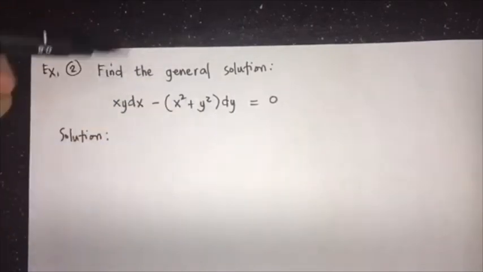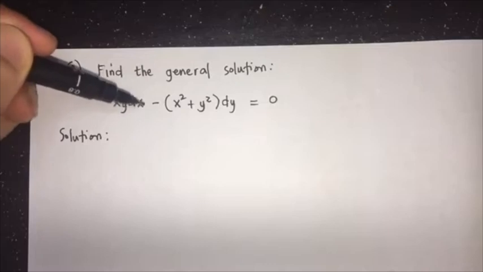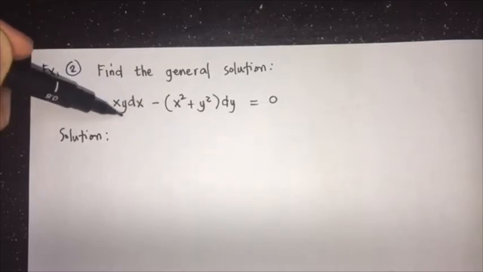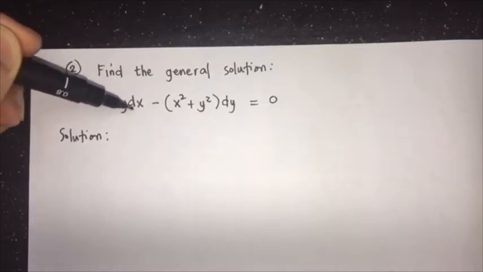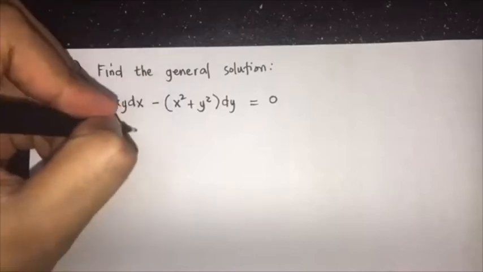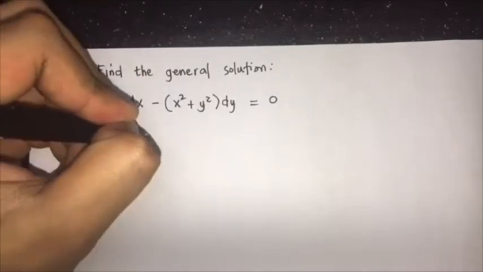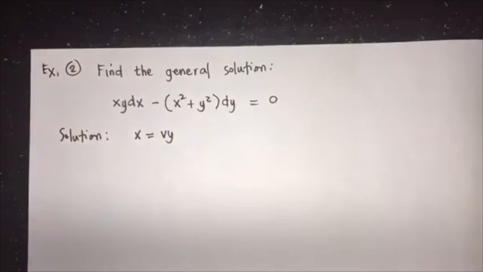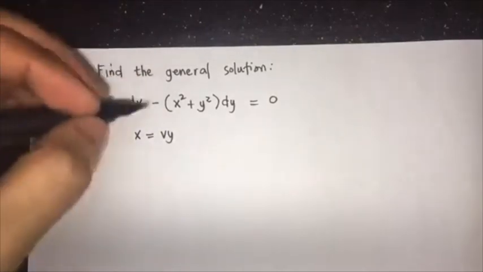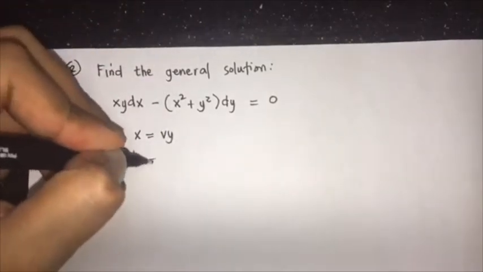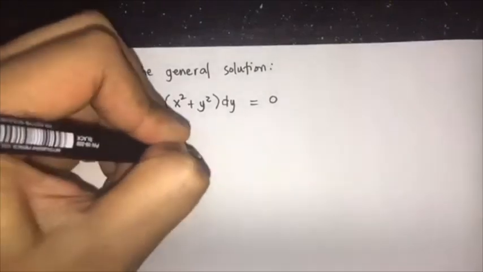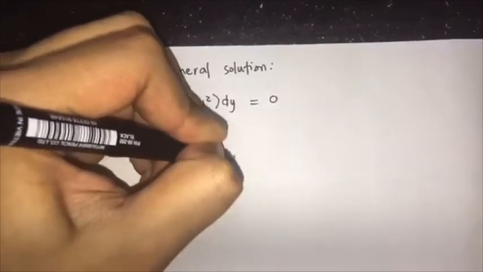So by inspection, we can see that the term dx here has simpler coefficients, so therefore it is easier to use the substitution x is equal to vy. Okay, so therefore dx is equal to v dy plus y dv.